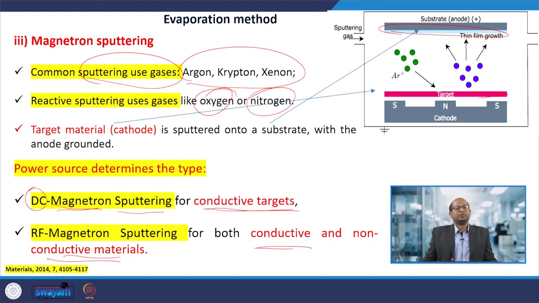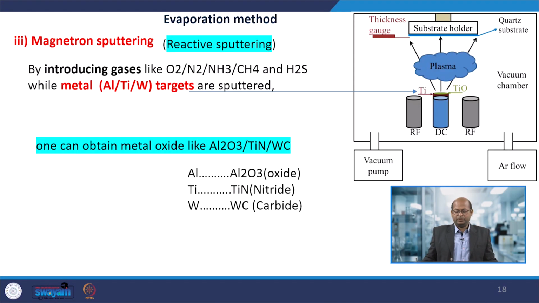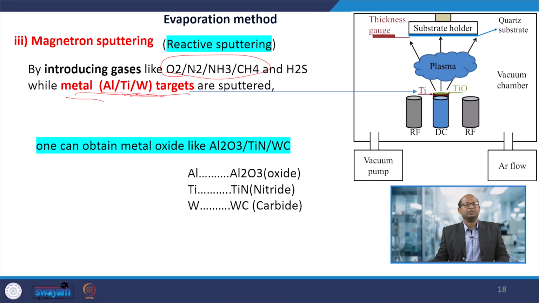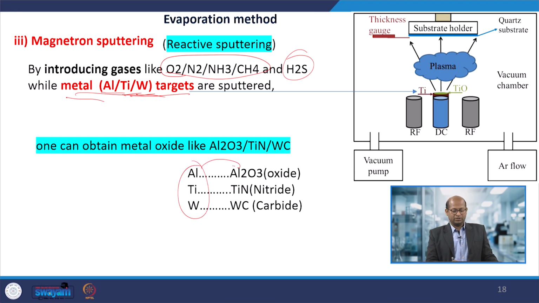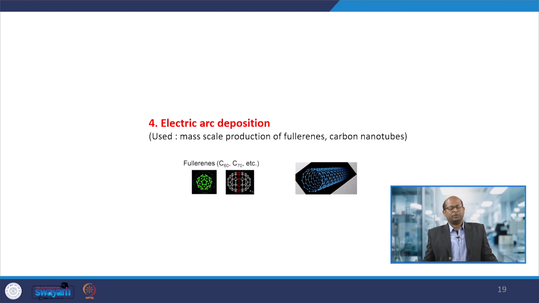Okay, so if we use, let us say, different types of metals, let us say aluminum, titanium, tungsten, and with that some reactive gases, that may be H2S, oxygen, nitrogen, or ammonia, then we can generate individual metals to metal oxides, metal nitrides, metal carbides, depending upon our source and final product of interest for this particular sputtering method. So we can prepare that.